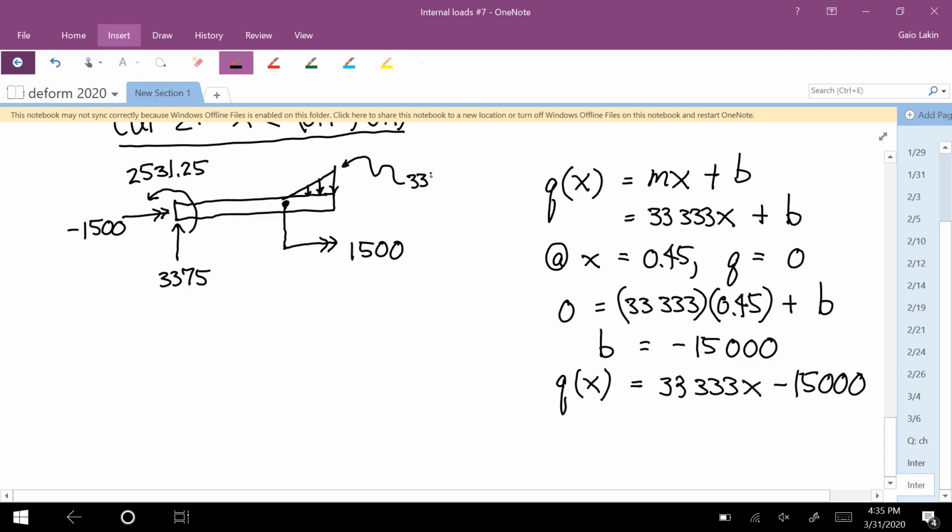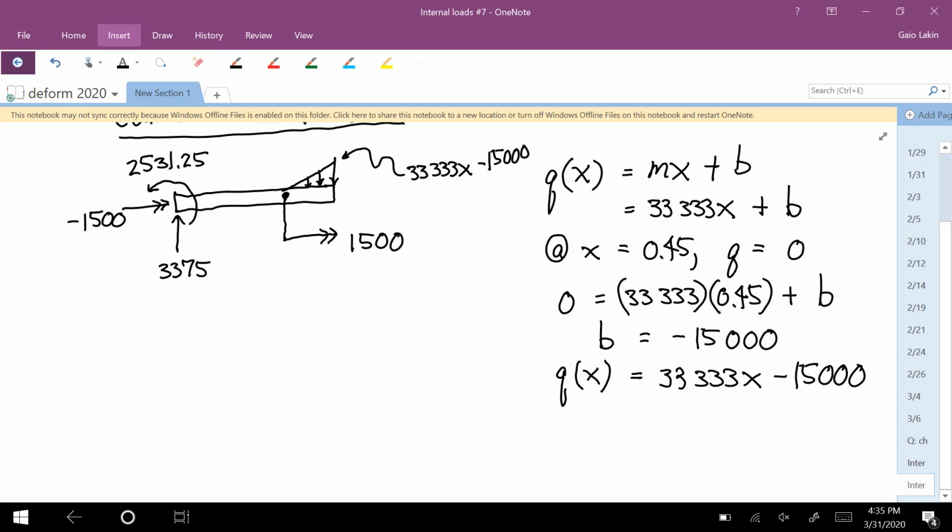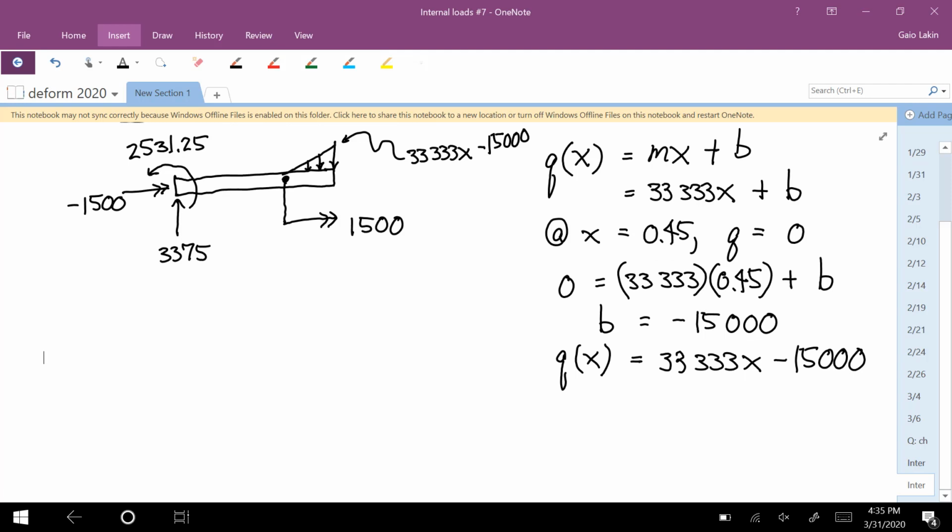The height is 33,333x minus 15,000. Okay. Well, now that we have that, what we need to do is represent that triangular distributed load as a point force. To do that, we need the area of that triangle for a given x, and we need the centroid location.